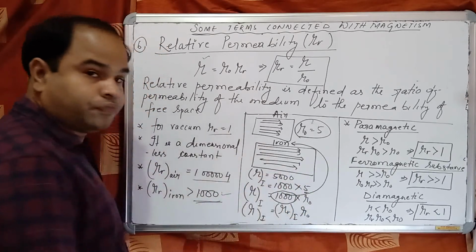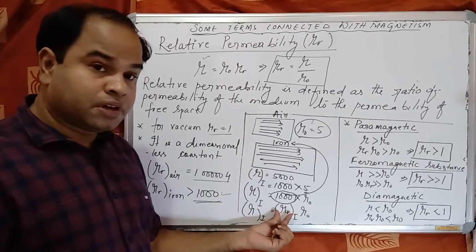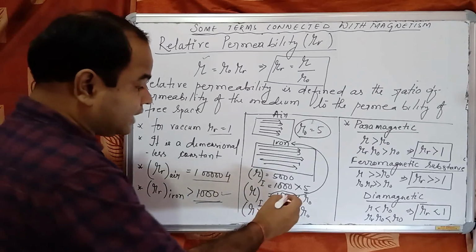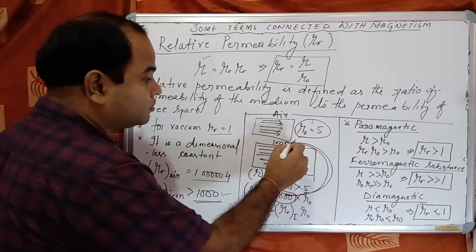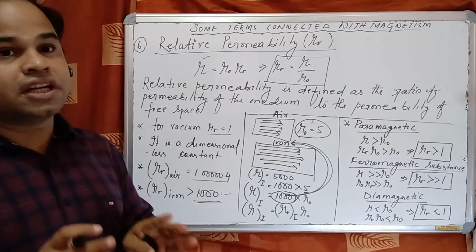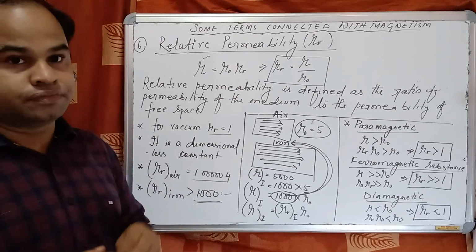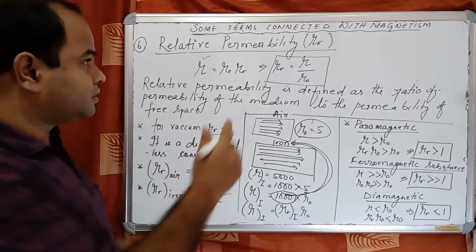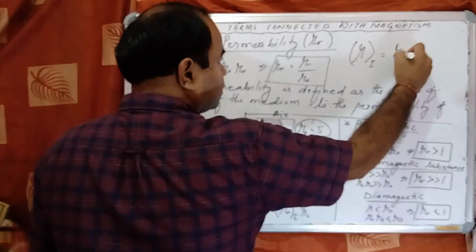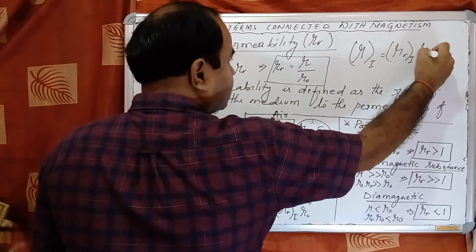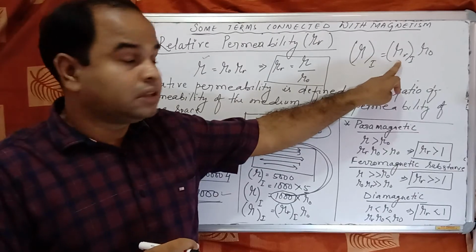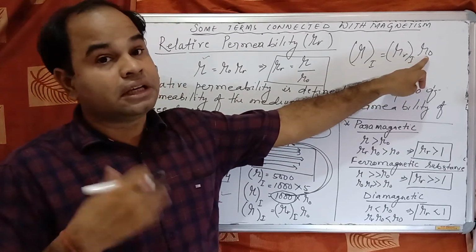So what is relative permeability? It is simply a number which is assigned to different media, and it represents that number of times the number of field lines allowed by air medium.